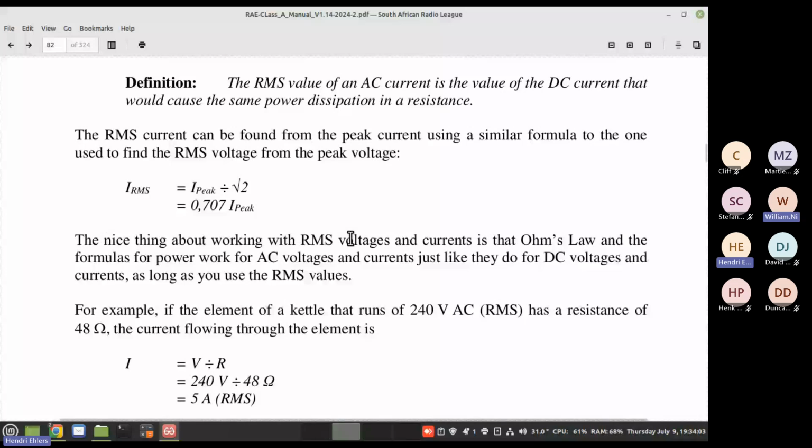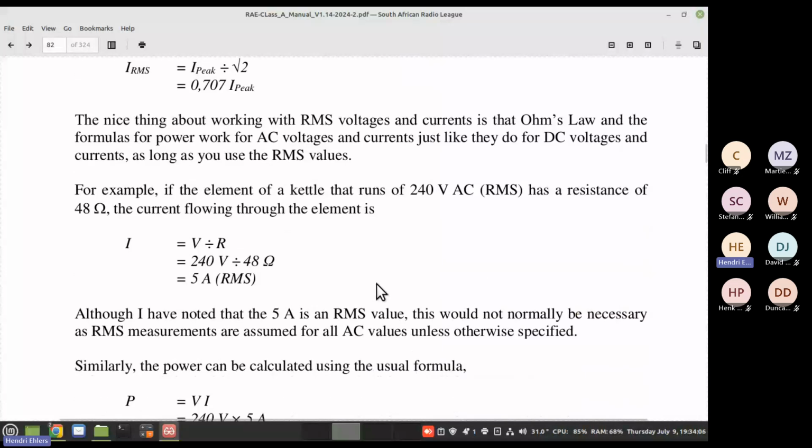The nice thing about RMS is that Ohm's law applies. We did say that. For example, if an element of a kettle runs at 240 volts RMS and has a resistance of 48 ohms, the current flowing through the element is.